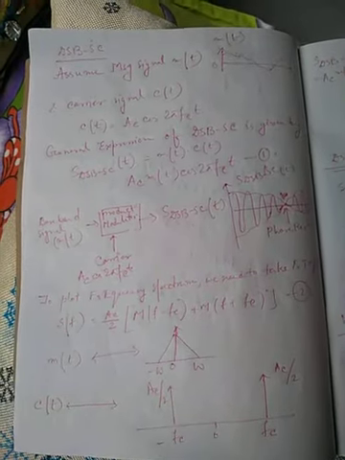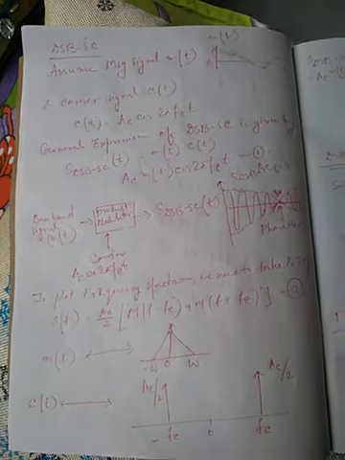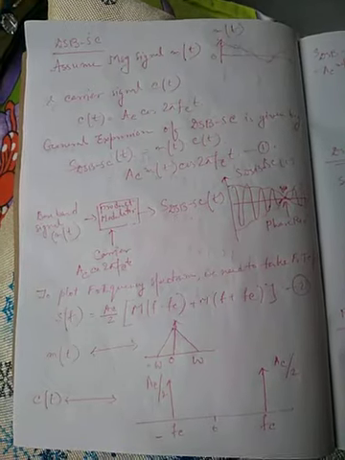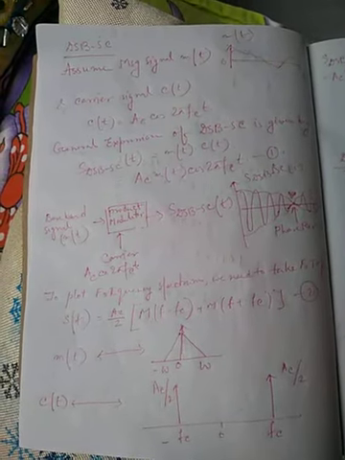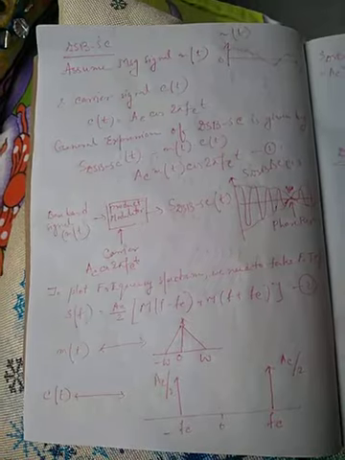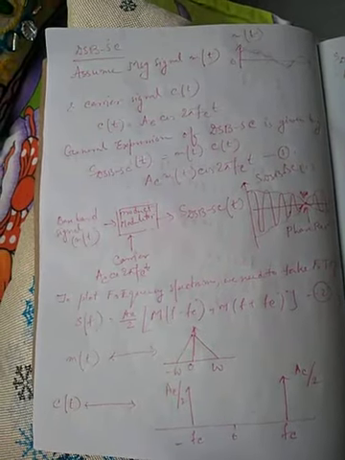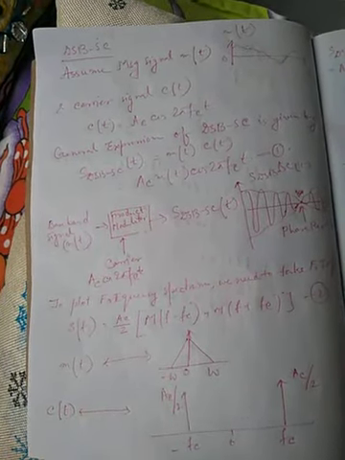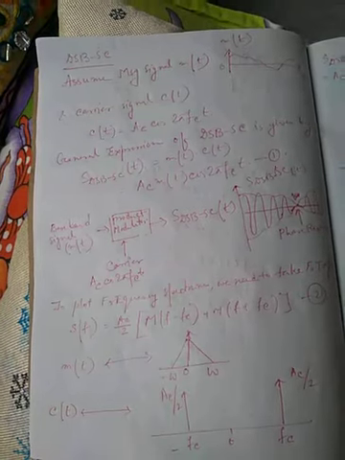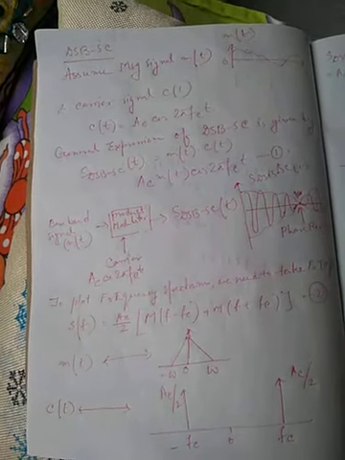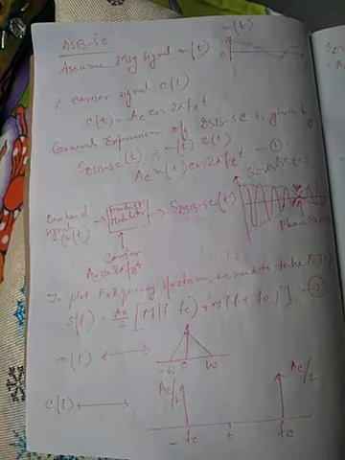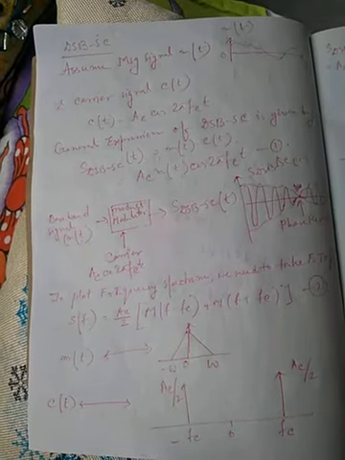So our next topic is double sideband suppressed carrier, where we suppress the carrier to save power and improve efficiency, and only two sidebands will be transmitted, which carry the information or the actual message.